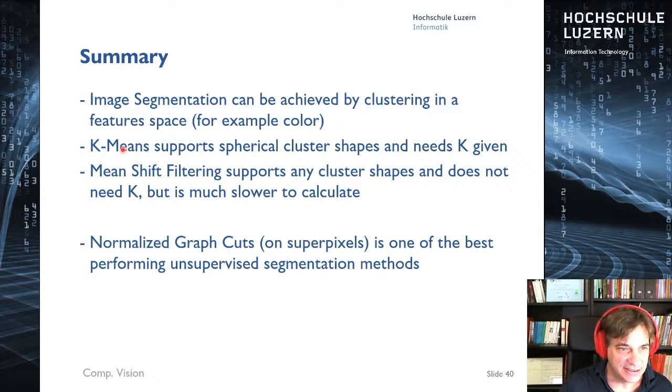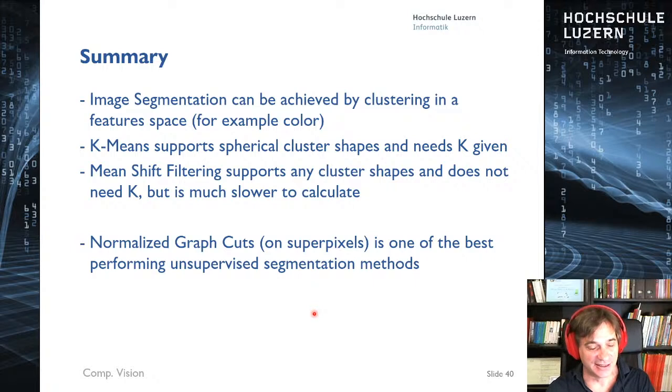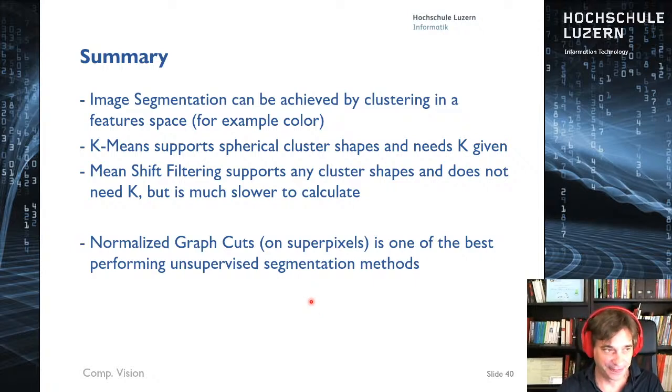We can use k-means, but it supports spherical cluster shapes, and we need to give a k from the beginning, or we can use mean shift filtering, which supports any cluster shapes, does not need k, has some other hyperparameters of the region, and is in comparison much slower to calculate, because it needs those iterations from every starting pixel. Normalized graph cuts, usually on superpixels, is I think one of the best performing unsupervised segmentation methods. So if you ever need anything segmentation, this might be the approach to try out first.